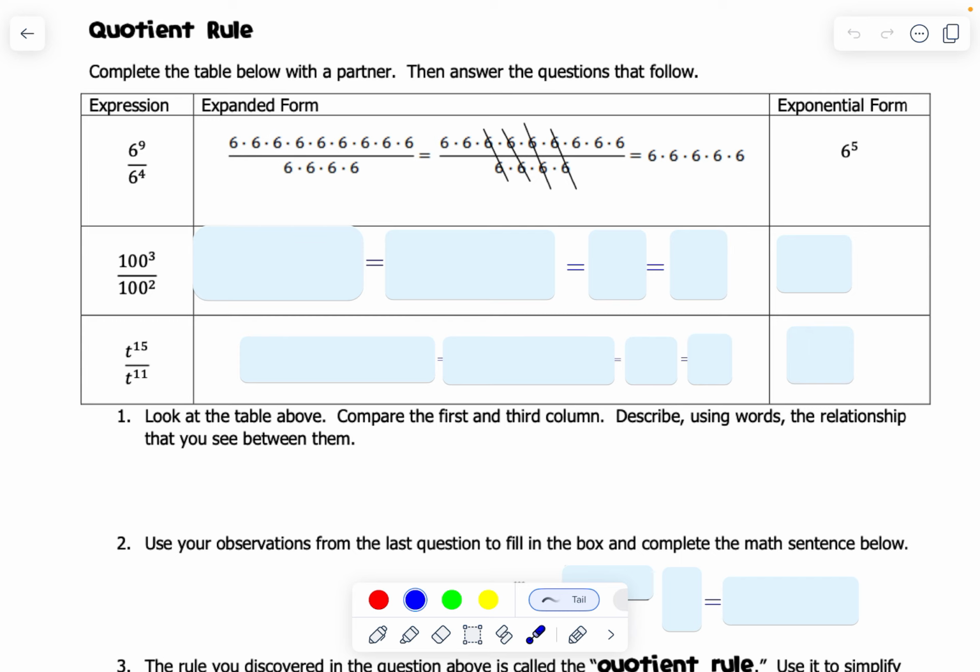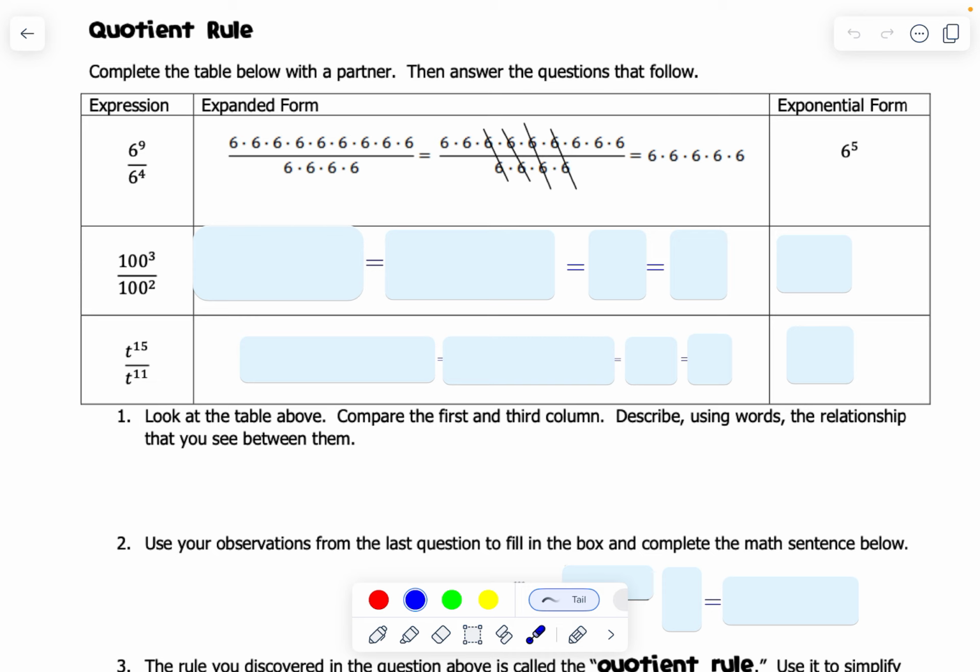And so if I start eliminating things, I have a 6 on the top and a 6 on the bottom, a 6 on the top, a 6 on the bottom. What I'm left with is 5 sixes left on top. And so the final answer is 6 to the 5th.